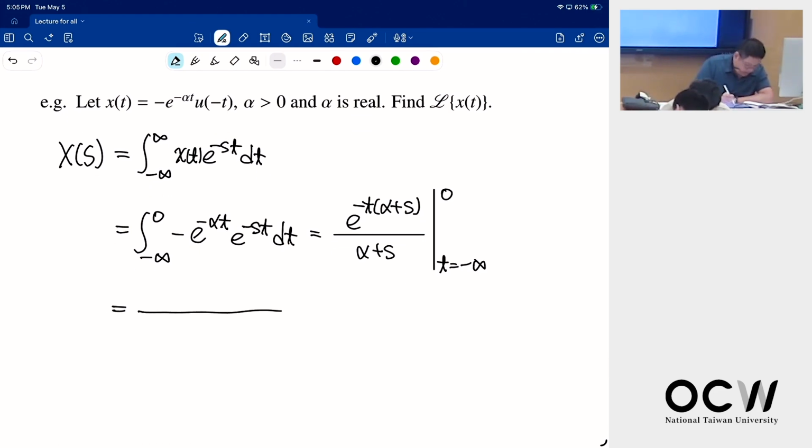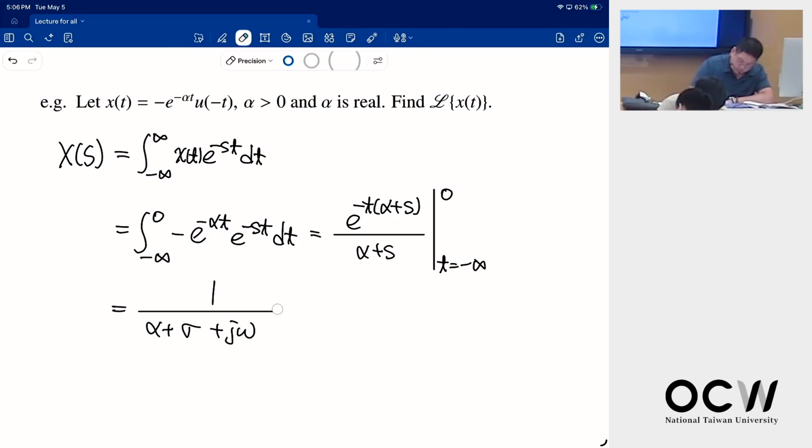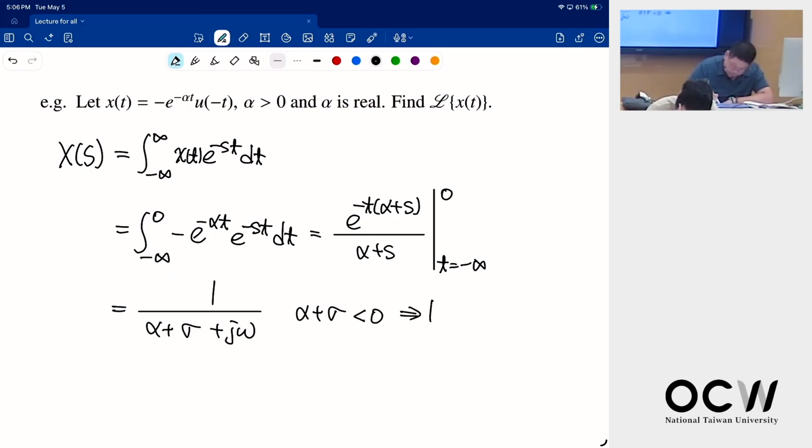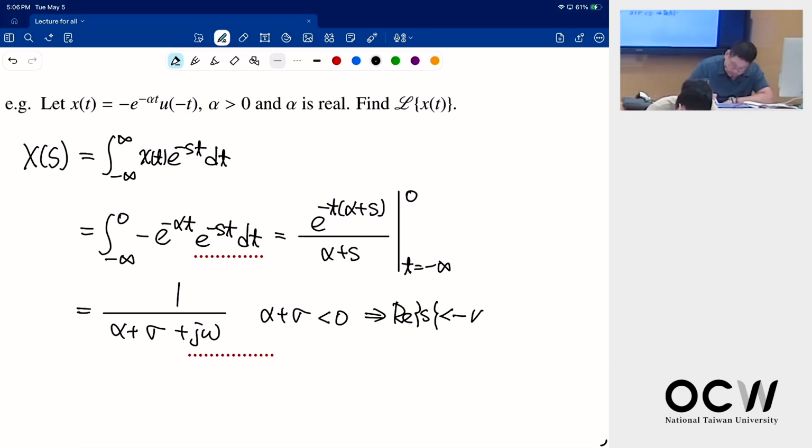Then we get what? 1 divided by alpha plus sigma plus j omega. Alpha plus sigma should be less than 0, which means the real part of s is less than minus alpha.